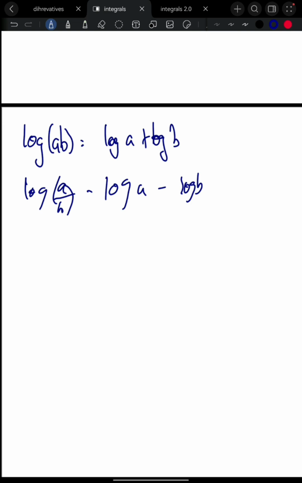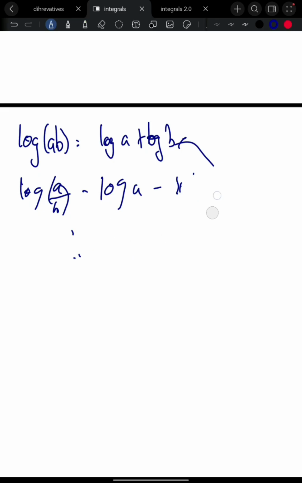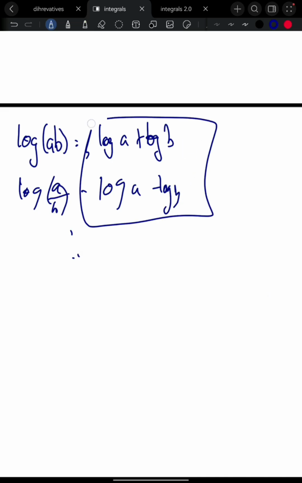This is actually the indices, like a to the m plus n is just a to the m times a to the n. If you see this, these are actually the same. This is just the cooler way of writing this, right? Anyways, I'm not gonna explain it right now, maybe in different videos, because logarithms are kind of cool, bro. Anyways, so these two rules, and you're gonna be set for life, right?